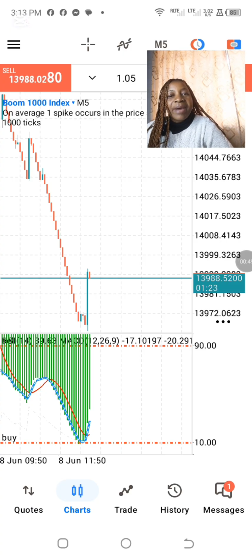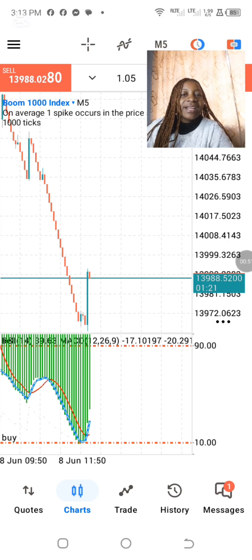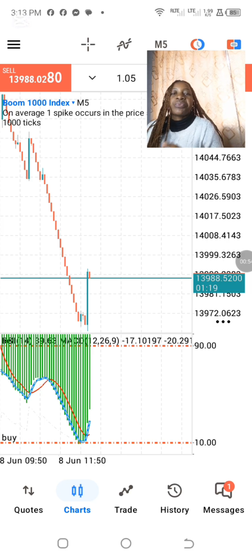The strategy of buying in Boom as well as in GainX are the same. So I'll just use Boom because I've opened the chart on Deriv, but it's the same. If you go on your Weltrade on GainX, the same way we are catching spikes in Boom 1000 is the same way you catch spikes when you are on GainX on Weltrade.